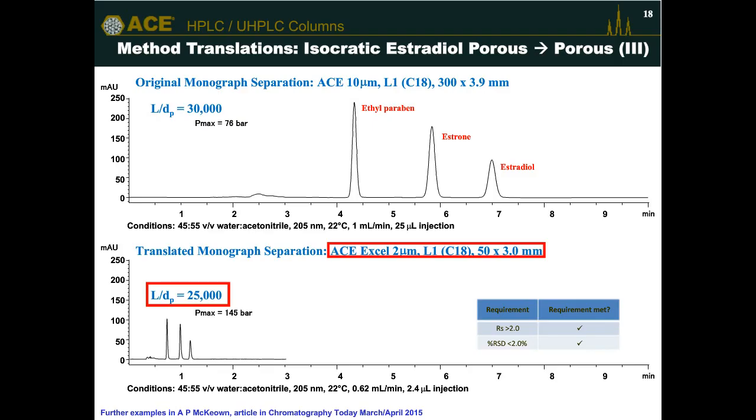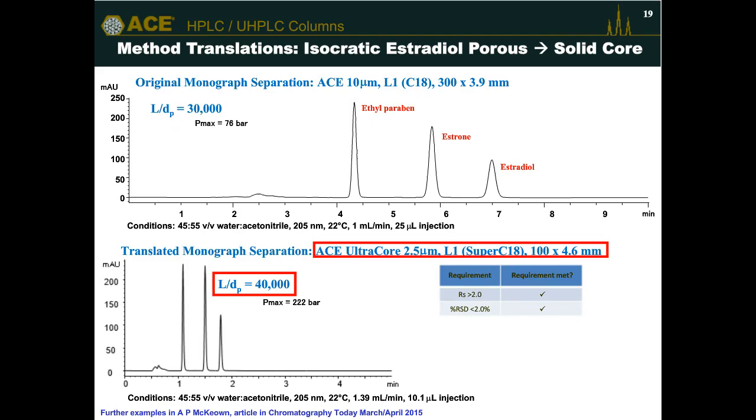If we look at something with a higher length to particle size ratio, you see here we have 40,000. So we've gone for a longer column, 100 millimeter length with 2.5 micron particle size. And this Ultra Core format, this is the superficially porous kind of fused core format. And here you can see again, my run time is below 2 minutes, but I've got taller peaks, I've got more efficient peaks.